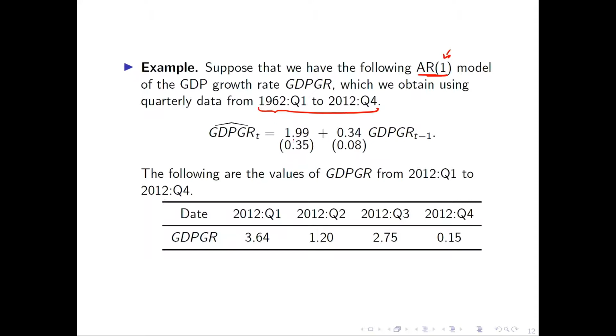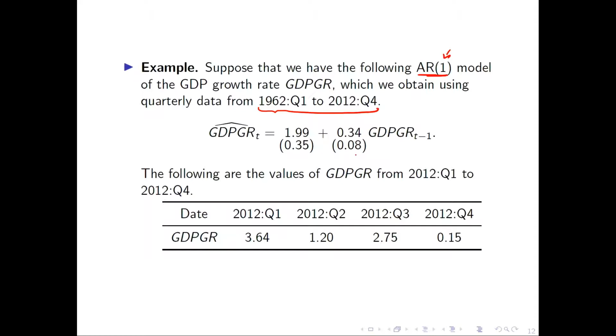The intercept is 1.99 and the slope is 0.34. By dividing these coefficients by their respective standard errors, we see that these t values are definitely above the critical value at the 5% significance level. So we can say that these coefficients are different from 0.